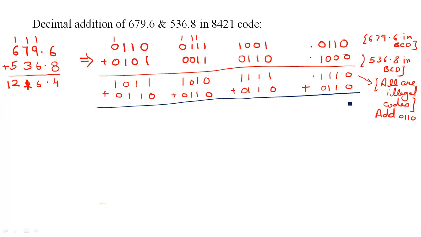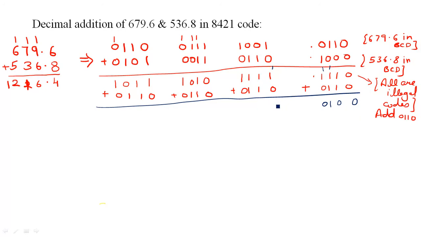So 0 plus 0 is 0, 1 plus 1 is 0, carry 1, 1 plus 1 is 10, and 10 plus 1 is 11. 1 plus 1 is 10, 10 plus 0 is 10. Then we propagate this carry to the other group.